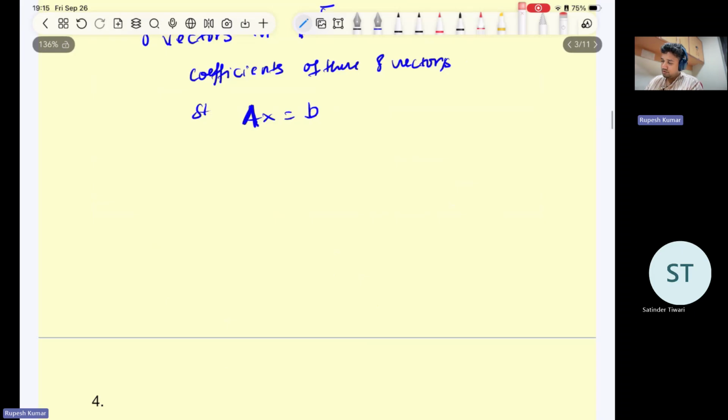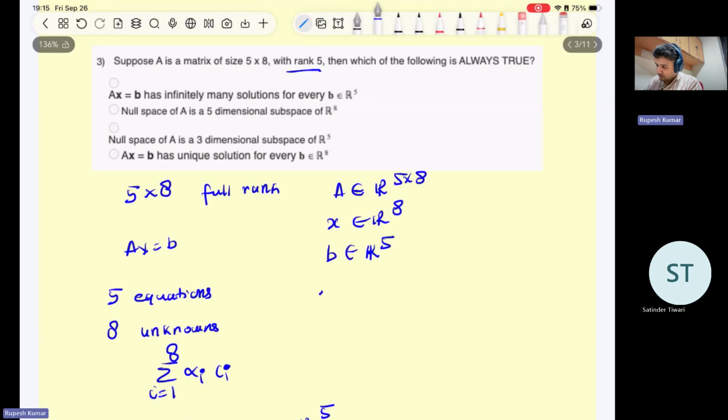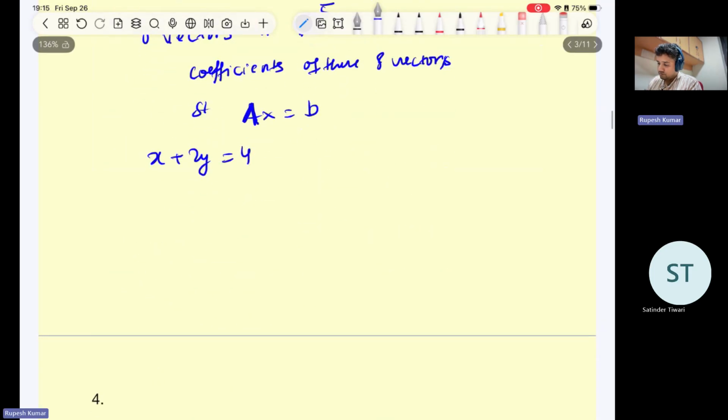So let's do this for a smaller case and then we can extend from there. Let us take x plus 2y equals 4. But the number of rows has to be less than the number of columns.